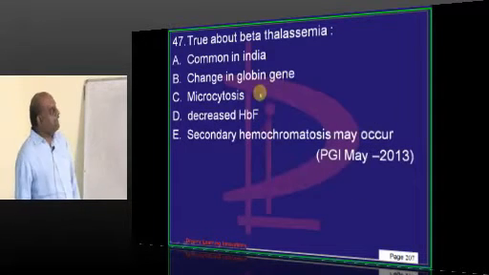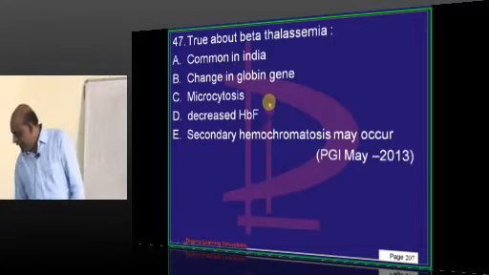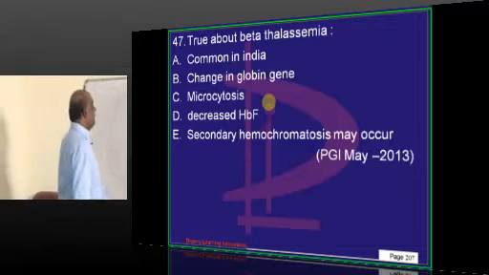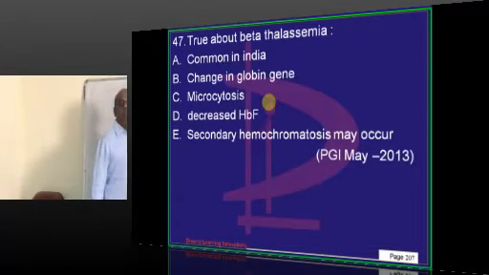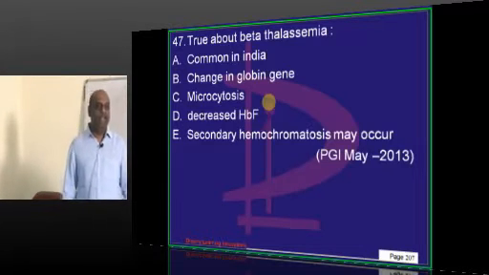Then coming to beta thalassemia, it's common in India because India is tribal, and here we don't have the chance of, like, an Englishman marrying a French girl, or a Portuguese guy.